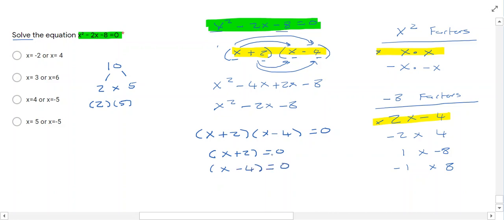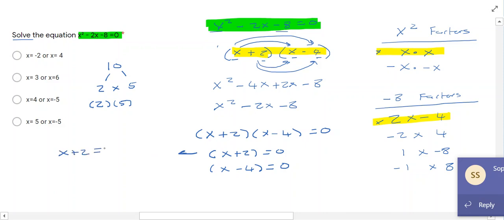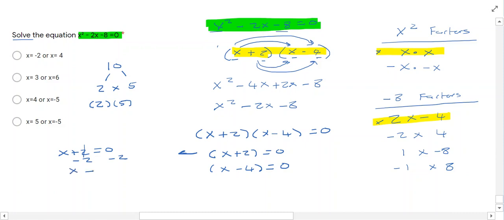Now we can use this to figure out what x is. I'm just going to bring these over here. If x plus 2 is equal to 0, and we want to find out what x is, we minus 2 from this side and we minus 2 from this side. These cancel out, and x is equal to minus 2. That's the first one.